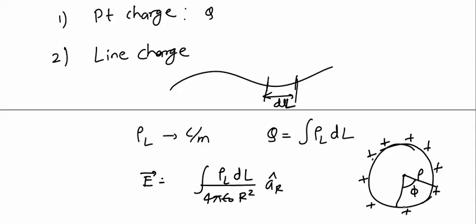So the dl will be rho d phi in this case, as we have seen in the coordinate systems. So for a circular ring, you will consider dl as rho d phi. This is line charge. Similarly, we have surface charge.